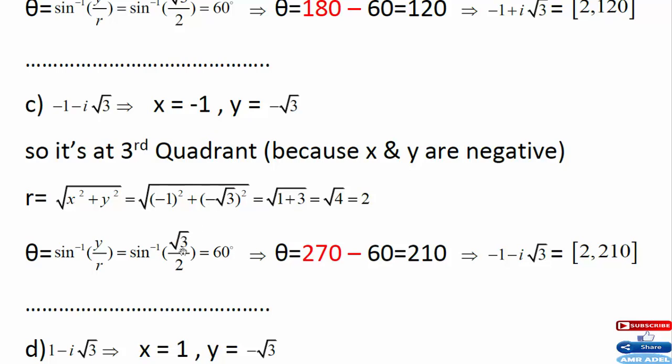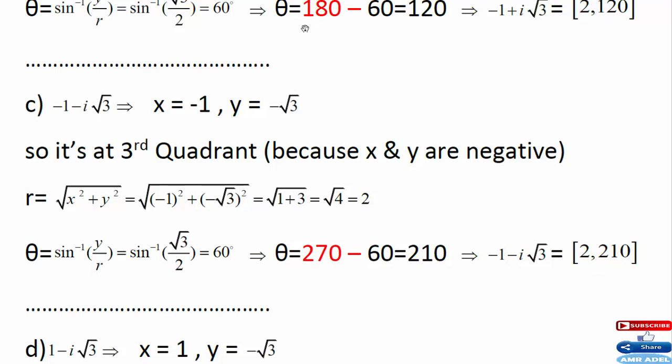Write root 3 without sign. Be careful. Then over r, which is 2. Find the sine inverse of that number, which is 60. Now just focus. When we are in the third quadrant, directly put 270 minus the found angle, which is 210. So r will be 2, but the angle will be 210.